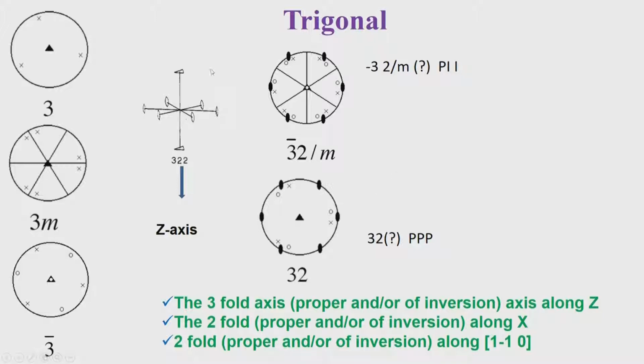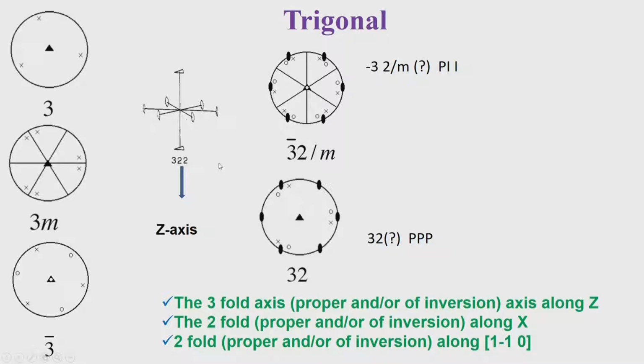So, we see now that a similar nomenclature is utilized in the case of trigonal symmetry as well. The threefold axis, proper inversion, along the z direction. So, now the threefold takes the z direction in the representation, and as we discussed in the case of the tetragonal symmetry, the threefold will also be along the z direction, and it can stand alone, or it can be in combination with two other symmetries like 3 2 2 for example.